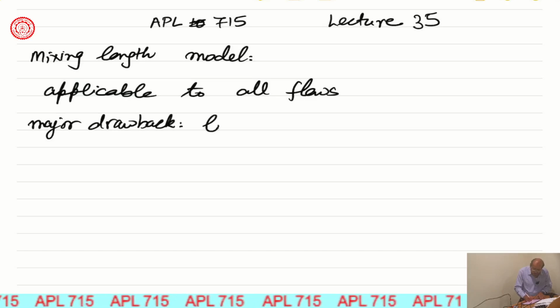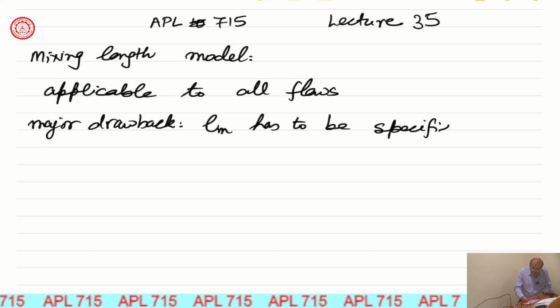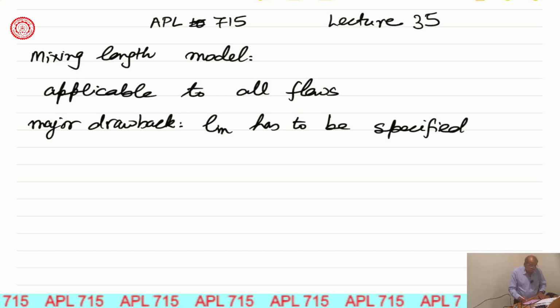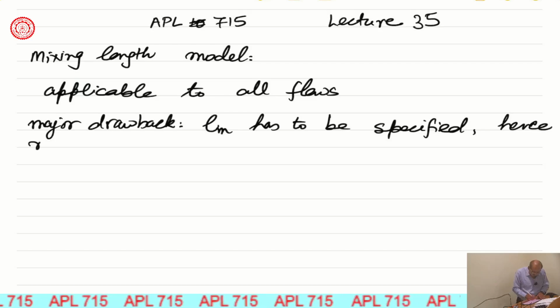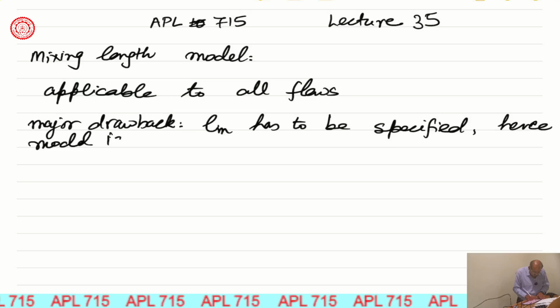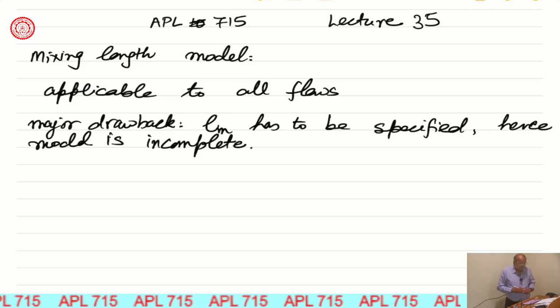is that Lm has to be specified, and hence the model is incomplete.